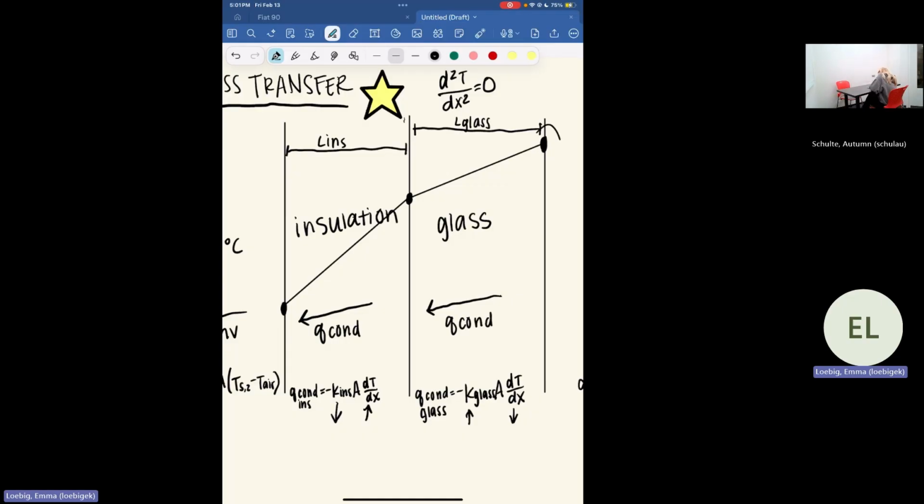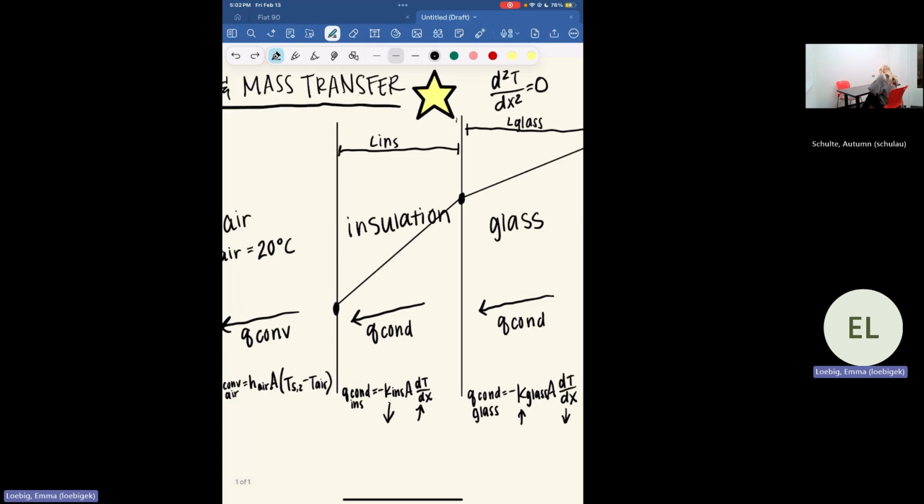Now we can say that if we know the temperature here, then we know the temperature here. If we divide that by the thickness of our glass, that will give us the slope. Same thing over here. If we know this temperature, then we know that temperature.